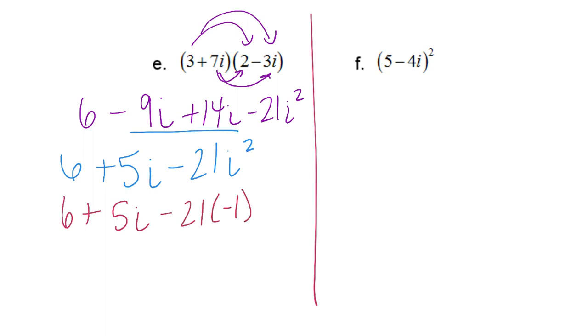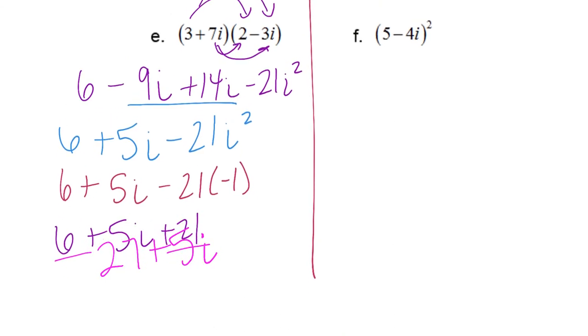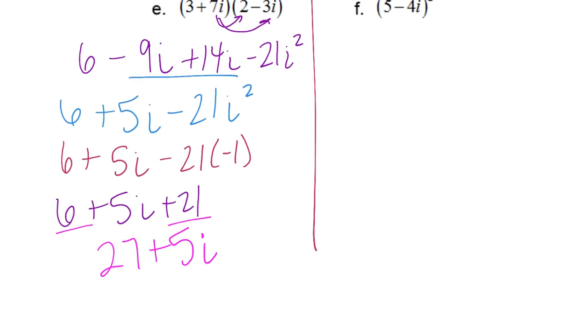So then I can simplify that. Then last step, I can combine the 21 and the 6. So 21 plus 6 is 27 plus 5i. You'll notice I write my i kind of with a curve, and that's just to make sure that you see that it's an i and not a 1. That's one thing that students sometimes have trouble with.